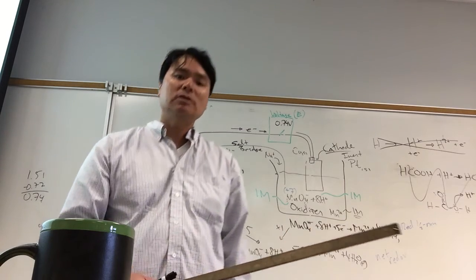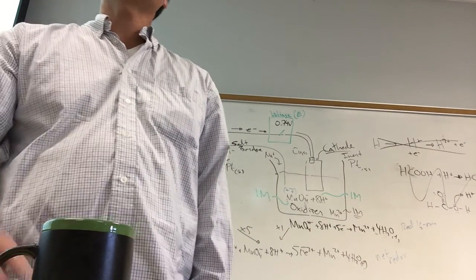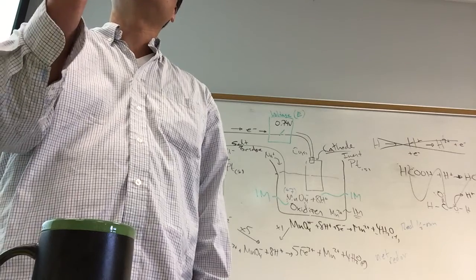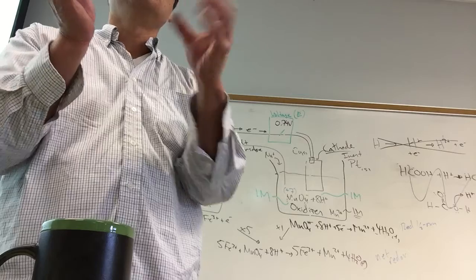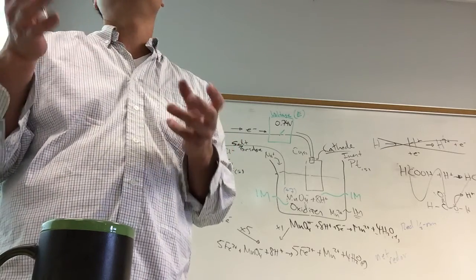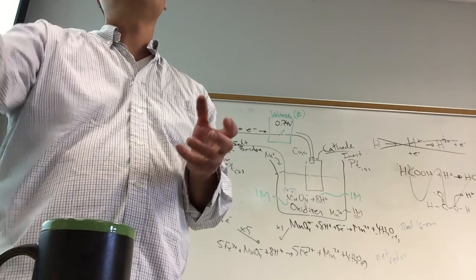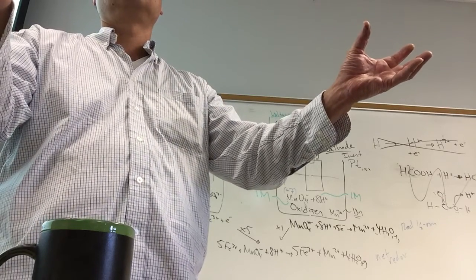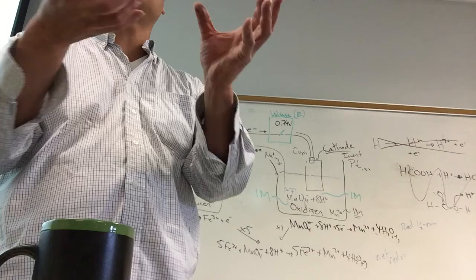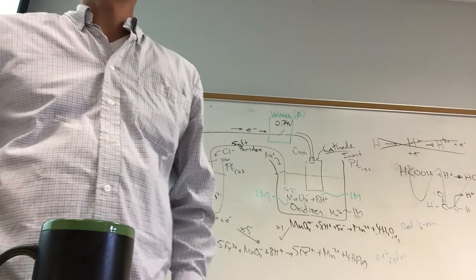Because what we're going to do is figure out the standard potential and then do a correction to the standard for non-standard conditions. Just like delta G. The delta G non-standard, we calculated the standard delta G and then applied the correction, RT ln Q, to that, right? Well, the same thing's going to happen here.